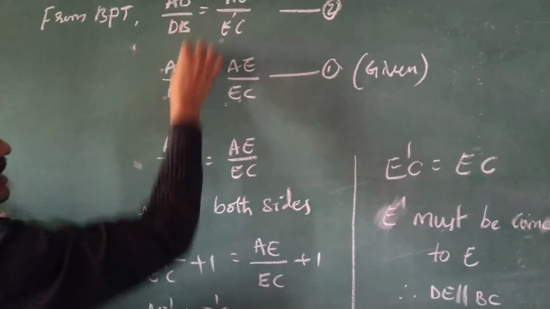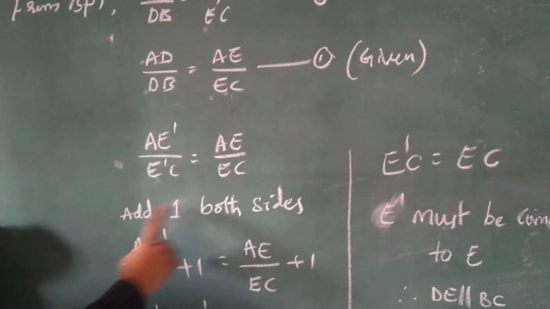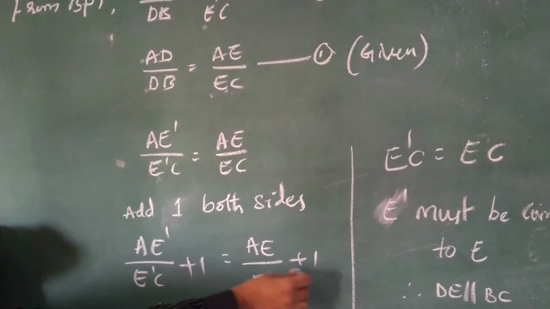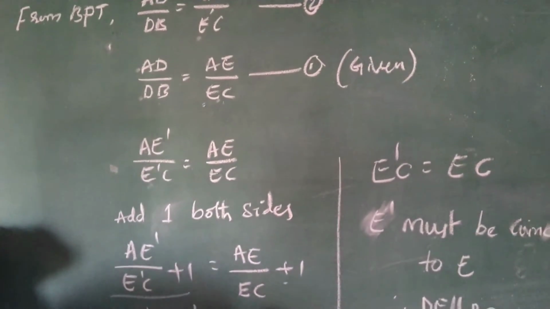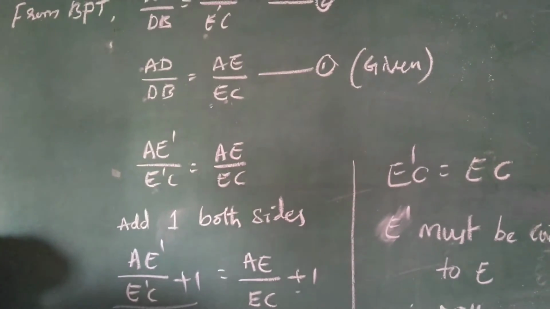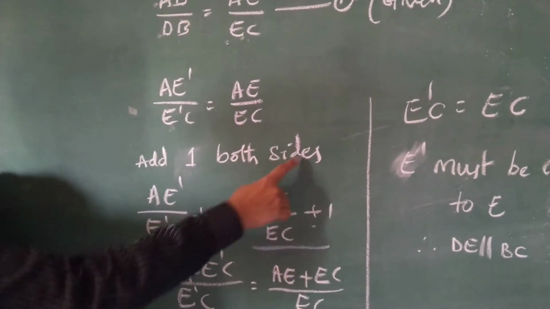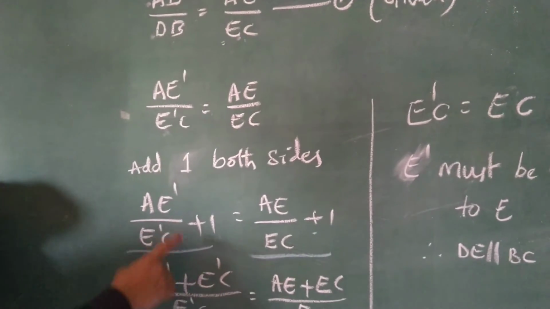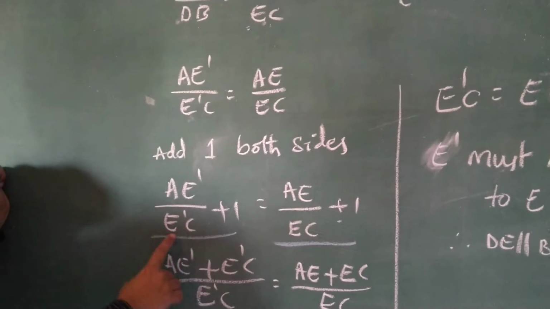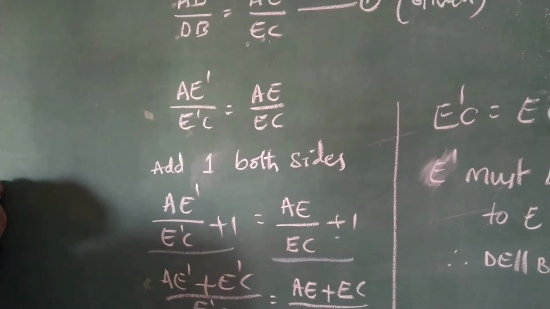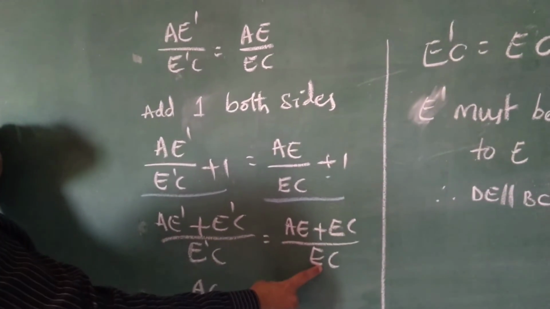The left-hand sides are equal, so the right-hand sides are equal. Add 1 to both sides. This process is called componendo and dividendo. Adding 1 to both sides, we get AE dash plus E dash C by E dash C equals AE plus EC by EC.